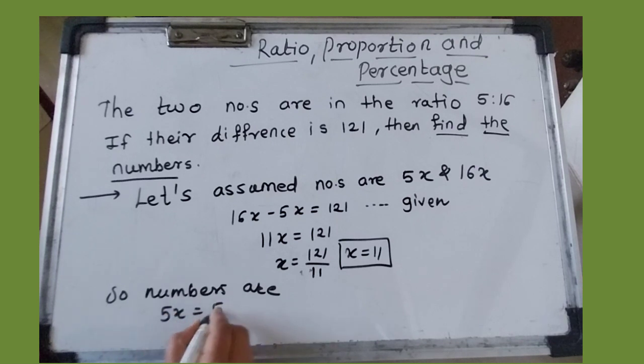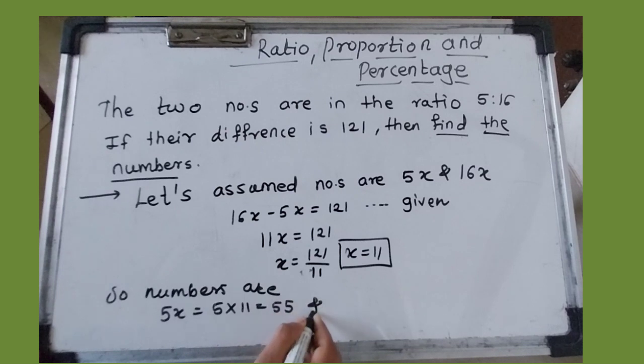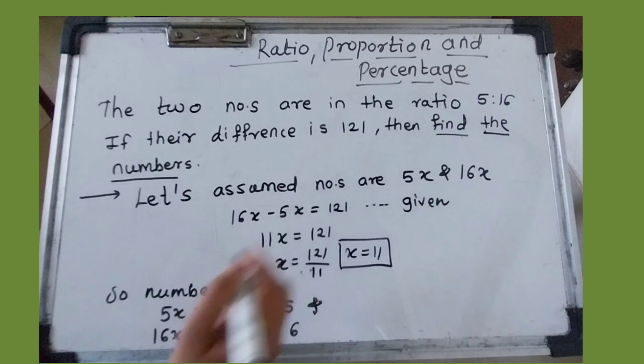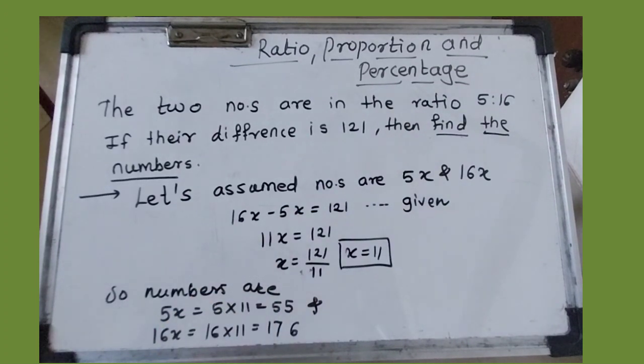So 5 into 11, it is 55, and 16x, 16 into 11, so it is 176. If I take the ratio of this, we get in the smallest form 5/16. So this is my answer. Take a screenshot.